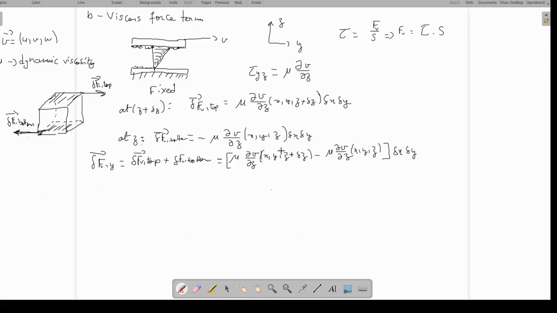So we now expand the velocity gradient using a Taylor expansion.